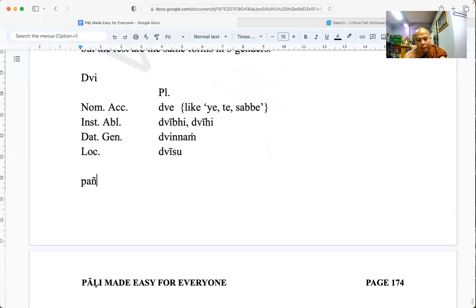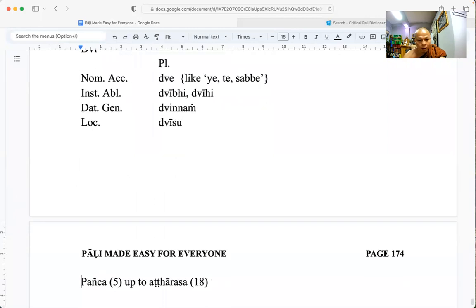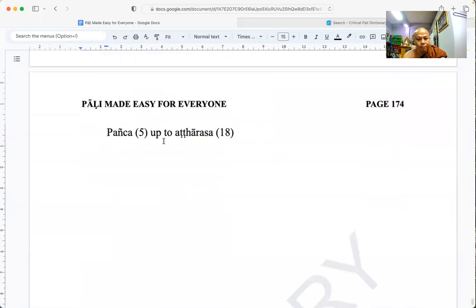So banja up to aṭṭhārasa are the same declension, the same as banja.